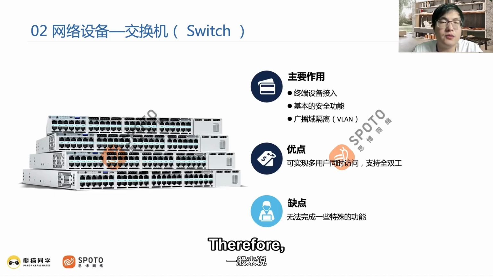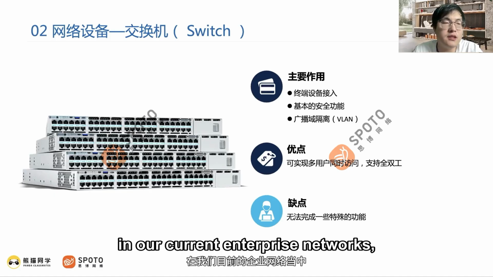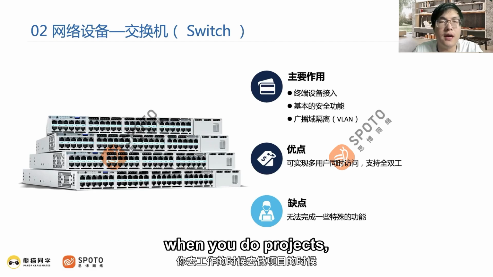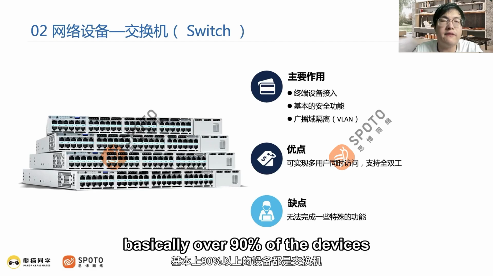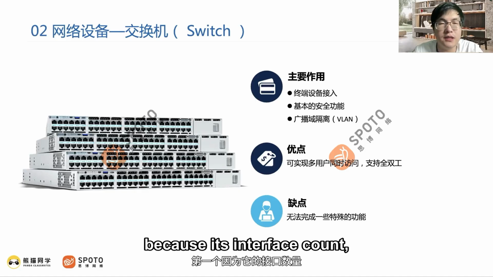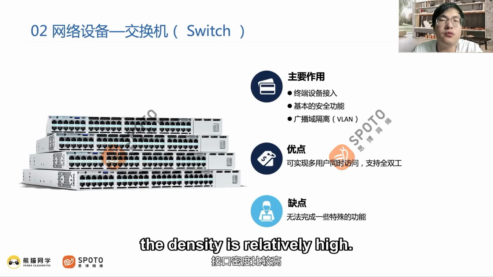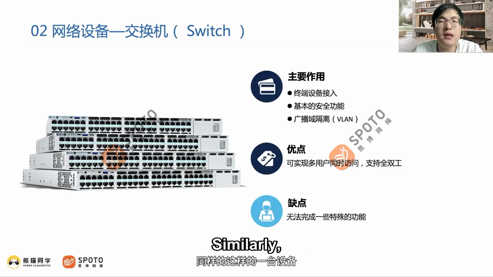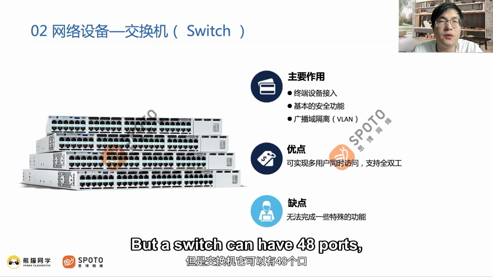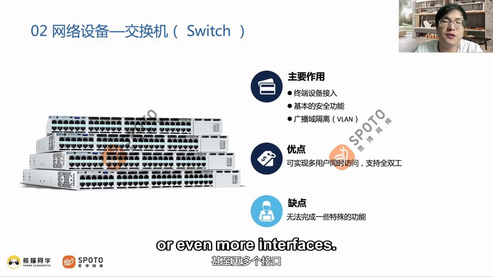Therefore, generally, in our current enterprise networks, switches have a larger proportion. When you go to work, when you do projects, basically over 90% of the devices are switches. First, because its interface density is relatively high. Similarly, your router might only have 2 or 4 ports, but a switch can have 48 ports or even more.